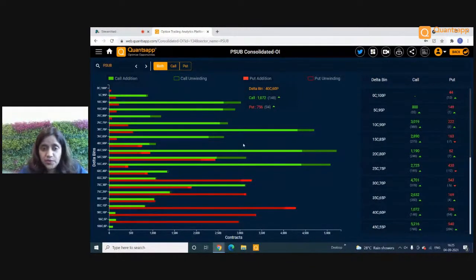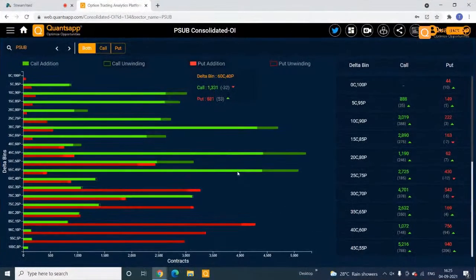PSU bank. Now if you look at the PSU bank, there is huge OI at the 60 call and 50 call, sorry, 45 call. So it's nearly at par. If you start seeing all three strikes unwinding together, that's the point where the PSU bank will see strong momentum coming up or the bullish undertone picking up.